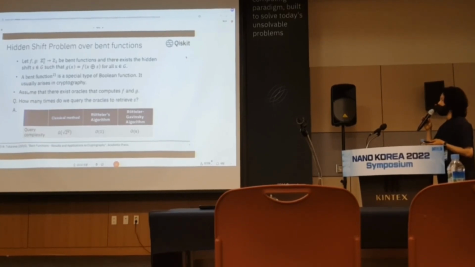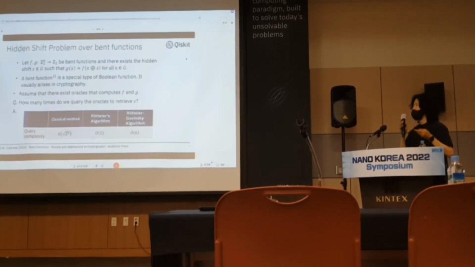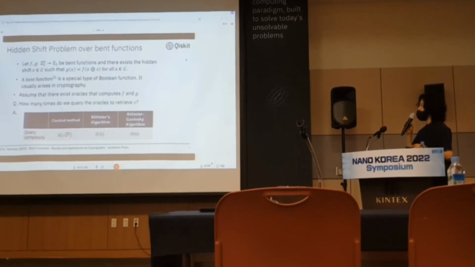Also, we assume that there exist oracles that compute f and g. How many times do we need to query the oracle? The answer is in this table. As you can see, the quantum algorithms are exponentially faster than classical.